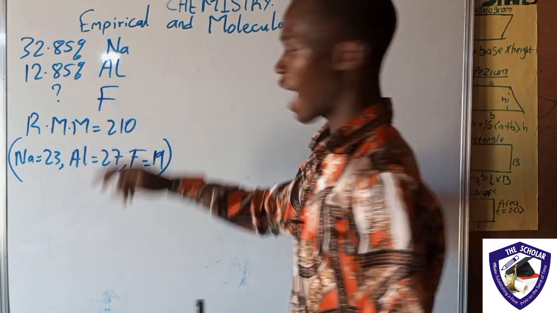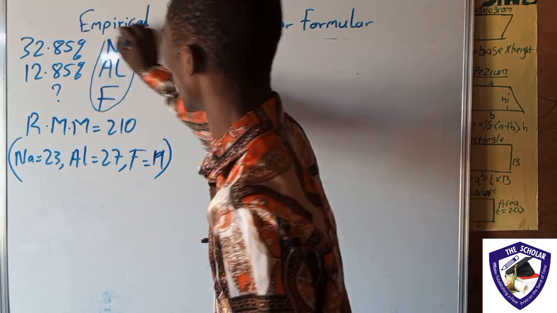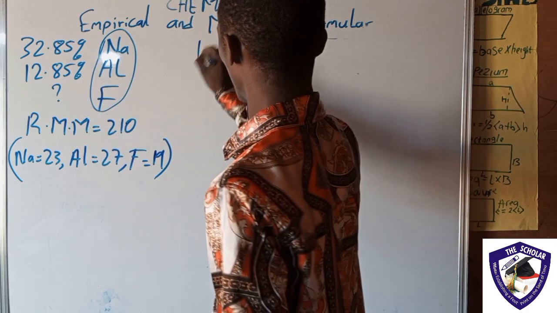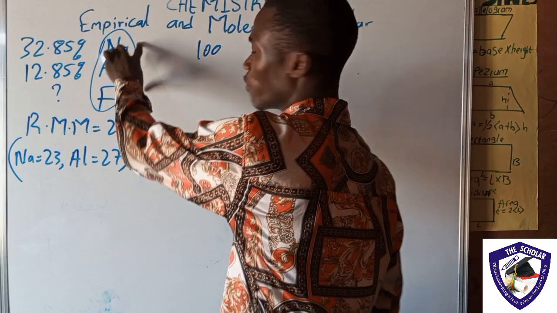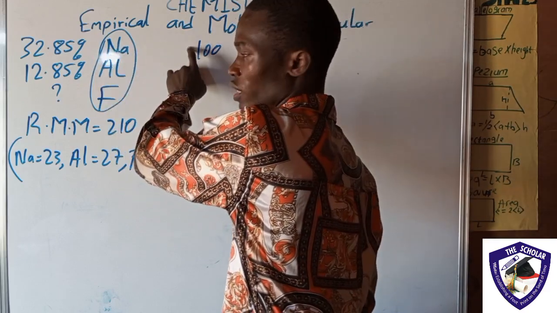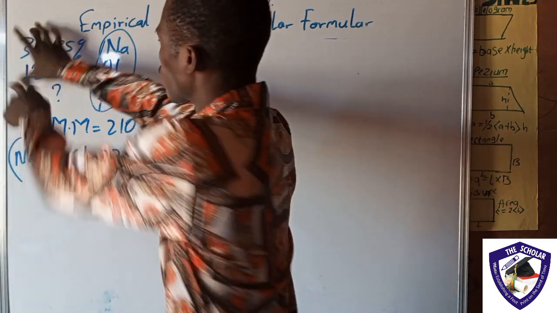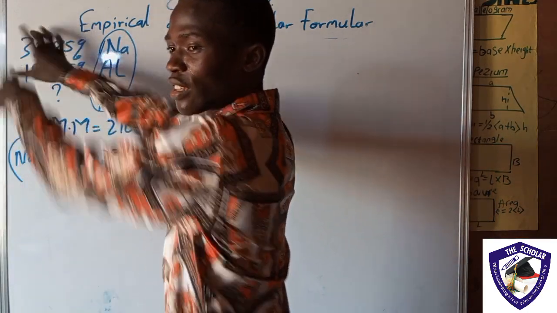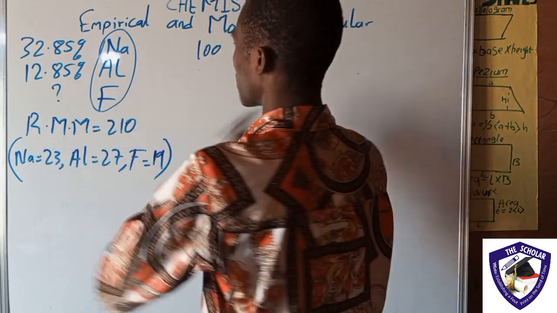fluorine. And when we are talking about percentage, it means that for these three elements, the total percentage must be equal to 100. So what we are going to do is to add up the first two percentages, then subtract from 100 to get fluorine. Now let's add this.